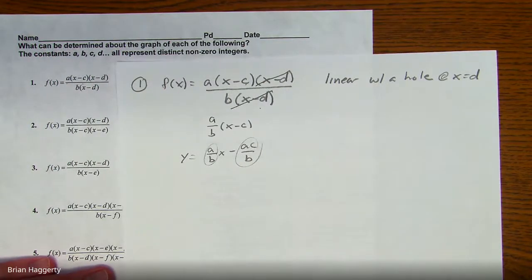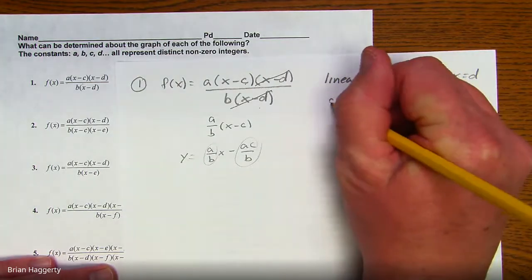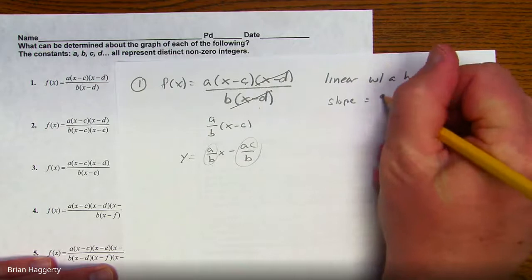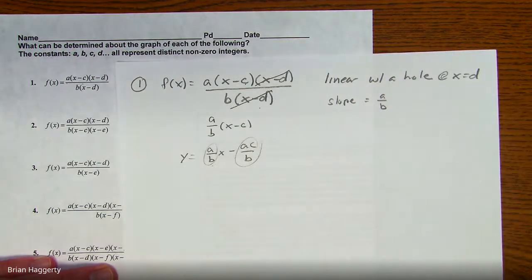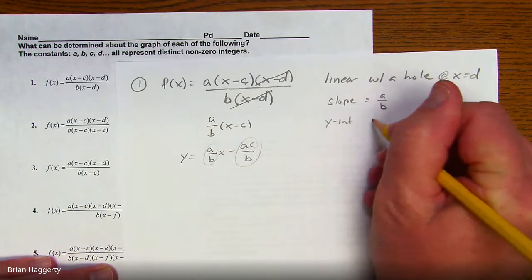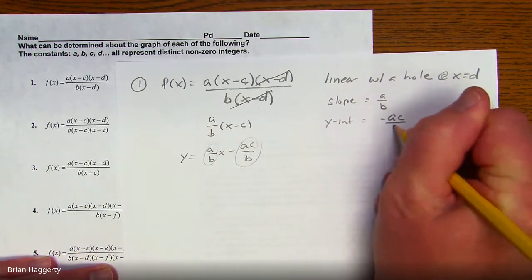Now, if we wanted to go a little bit further in terms of describing the key features of the line, the slope of the line would be A over B. The y-intercept of the line would be negative AC over B.